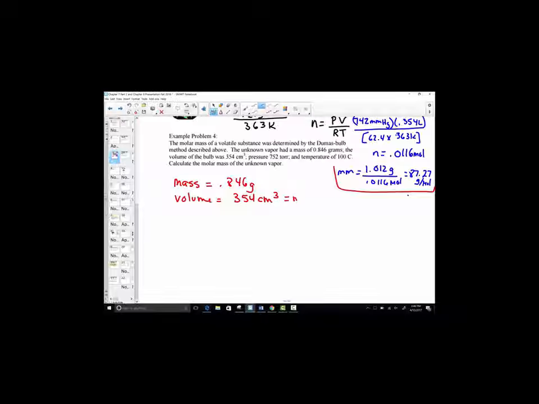Remember, that's the same thing as a milliliter, and when we use the ideal gas equation, we must put that in as a liter so that the R constant matches. The pressure of the system that day, again, just reading the barometer, 752 torr units. That also tells me the R, the ideal gas constant, will match that pressure unit as 62.4, and that's torr liters over Kelvin mole.